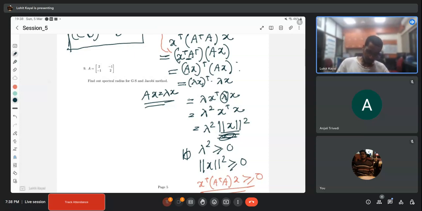Now for the Jacobi method, first let's do the Jacobi method. Then I will solve the Gauss-Seidel method. I will not solve it here completely. Later, I will show a code where I have calculated that. There you will be able to see the value.